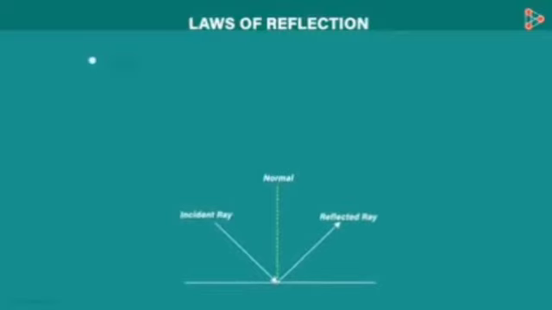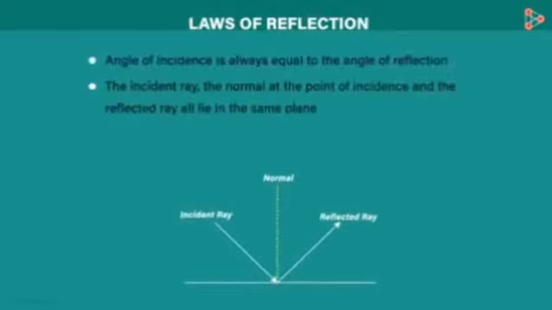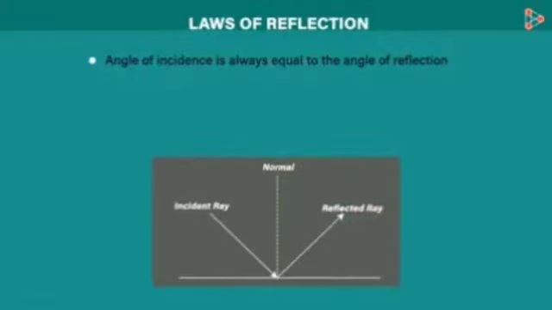Here are the two laws of reflection that are obeyed by every kind of ray. To understand the first law, first we need to know what the angle of incidence and angle of reflection are. The first law states that the angle of incidence is always equal to the angle of reflection. Now the question is, what is the angle of incidence?